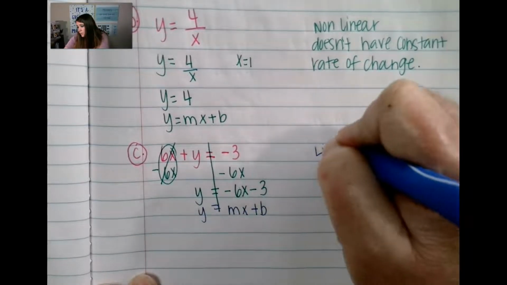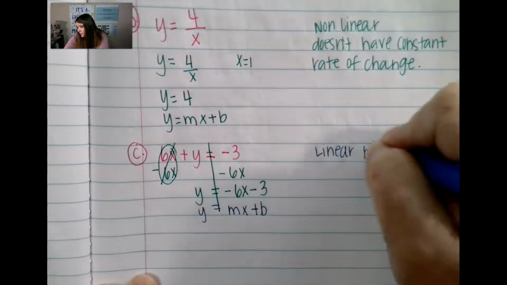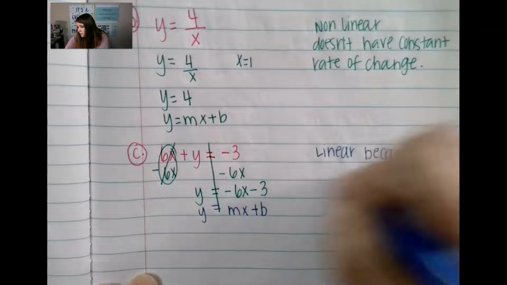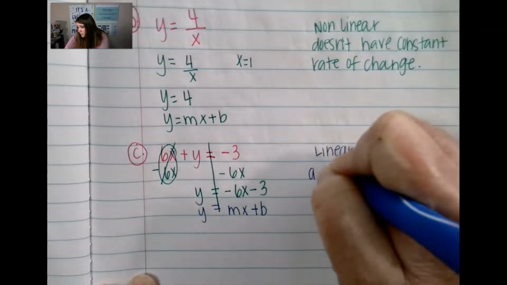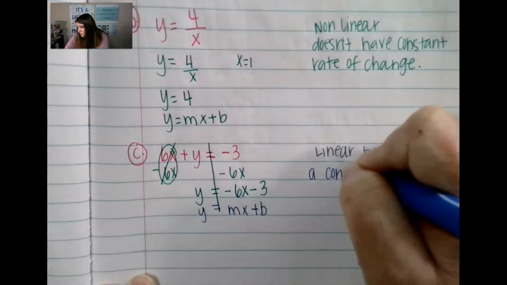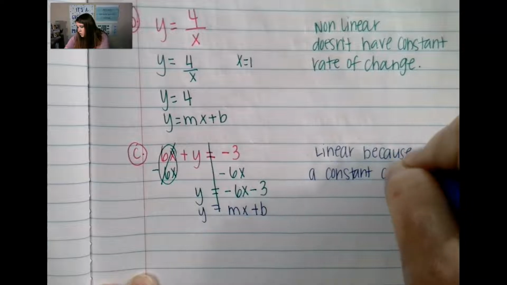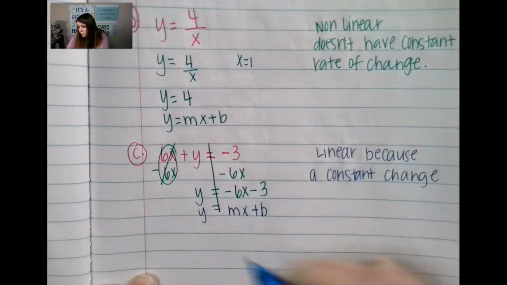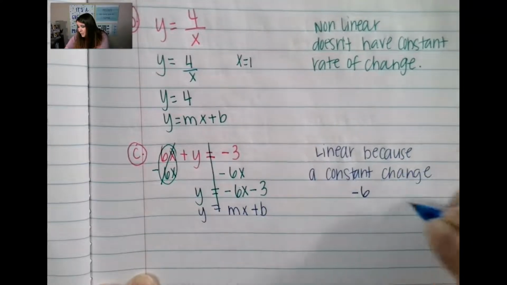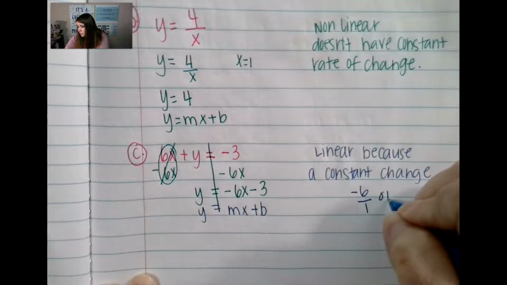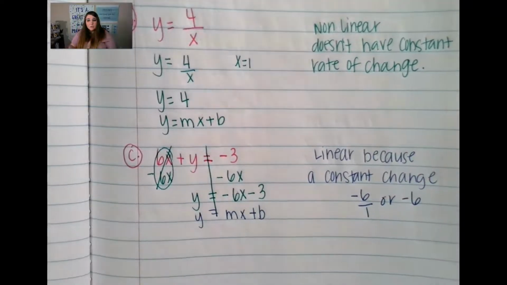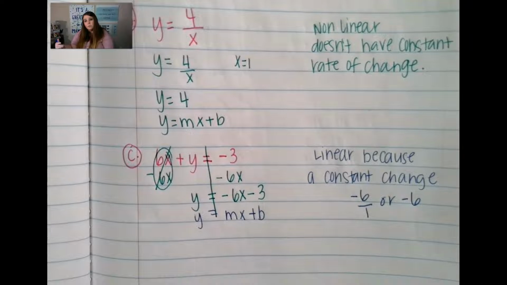So this one is linear because of constant change. The slope is constant, it is negative 6 over 1, or negative 6. That means you will go down 6 over 1, down 6 over 1 in between each of the points.